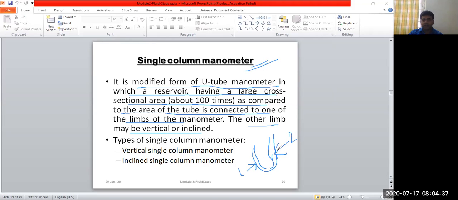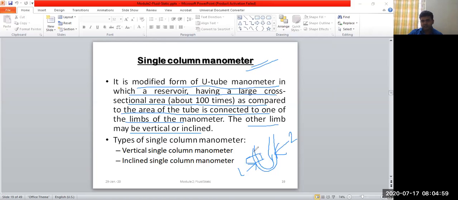With one limb, a reservoir is connected, having a cross-section area about 100 times as compared to the area of the tube. Whatever the cross-section area of the tube is, the reservoir has about 100 times that area.